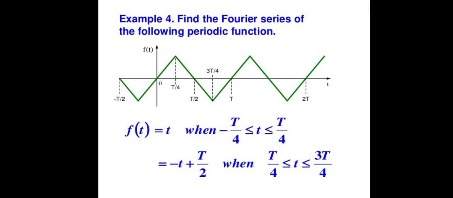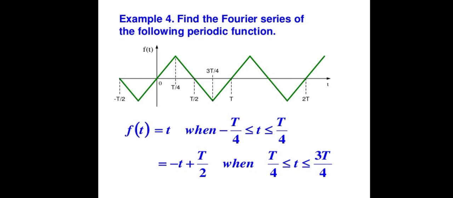These are periodic functions. The diagram is in triangular form, with marks 0 to T/4, T/2, 3T/4, T, then minus T/2, minus T/4, minus 3T/4.